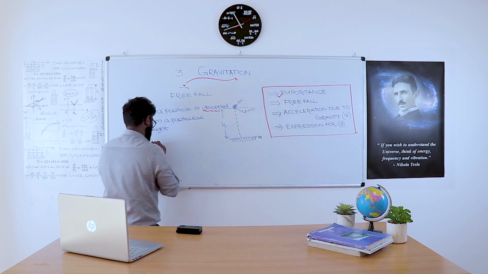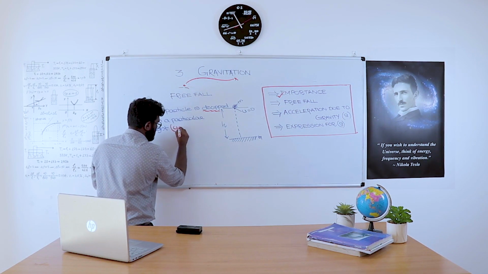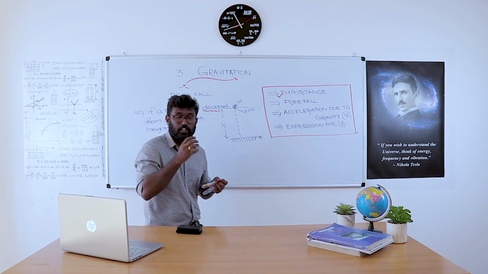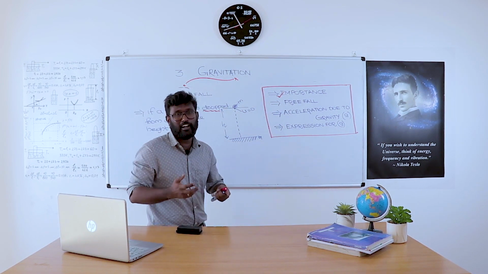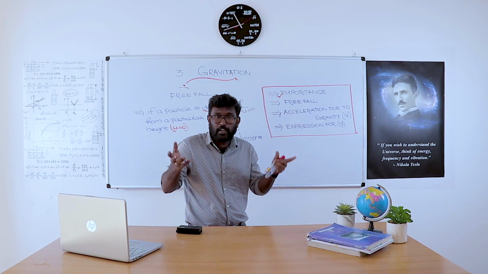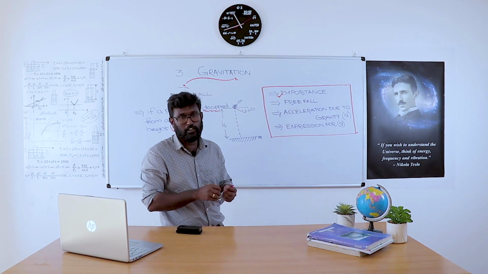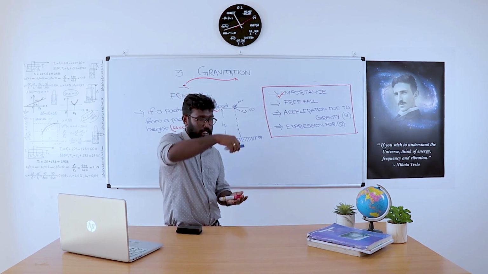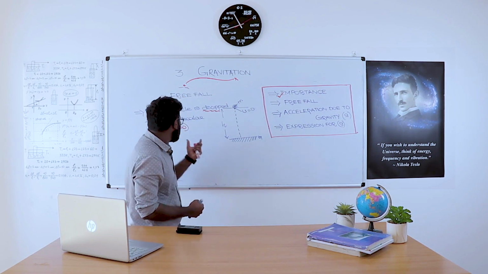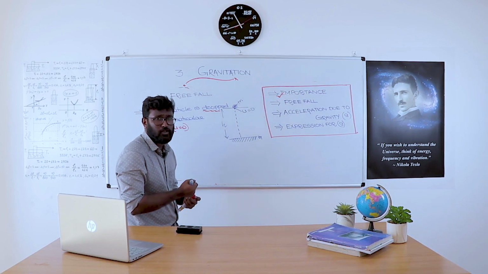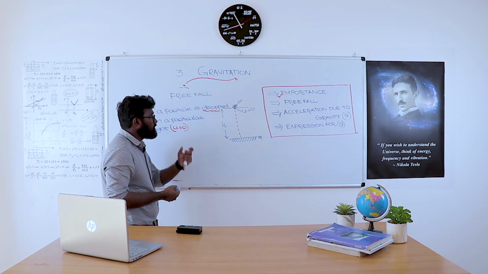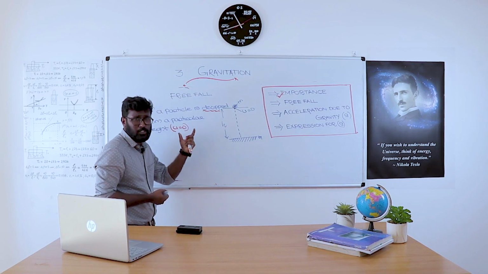Whenever a particle is dropped, the initial velocity u is equal to 0. If a particle is thrown from a particular height, then there will be an initial velocity, that is u not equal to 0. But if a particle is dropped like this, then the initial velocity of the particle is 0. So this is said to be free fall.